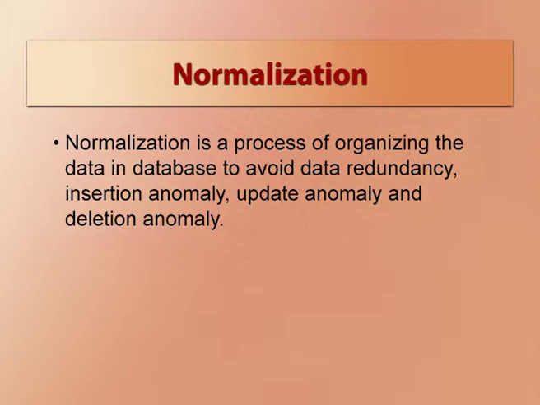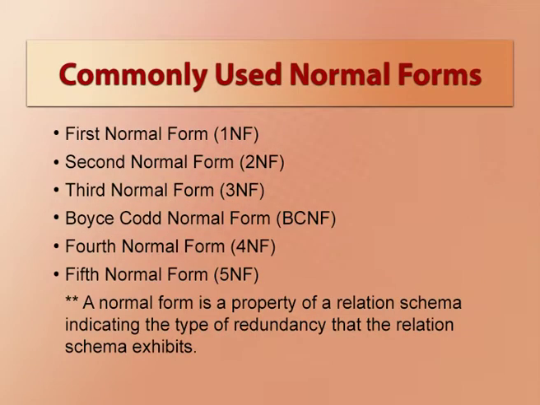So how do we reduce to various normal forms? Let us see. There are several kinds of normal forms, starting with first normal form 1NF, second normal form, third, Boyce-Codd normal form, fourth normal form, fifth normal form, and you have project join normal form PJNF, and then there is another one called domain key normal form.